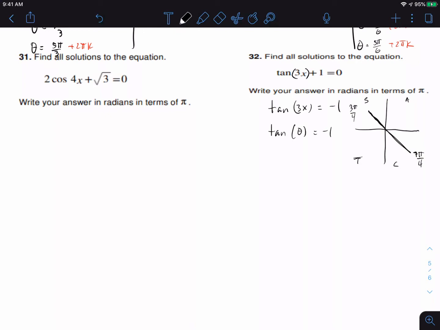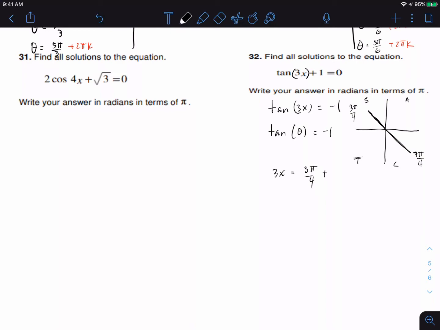So having those 2 positions, I'm going to be able to say, all right, 3x is equal to 3 pi over 4 plus, and how often does it become negative 1?